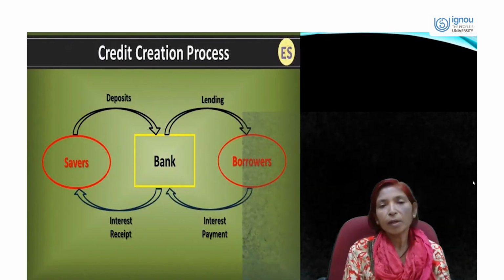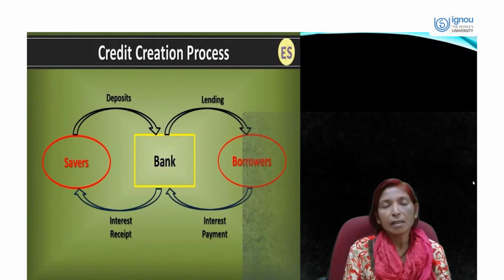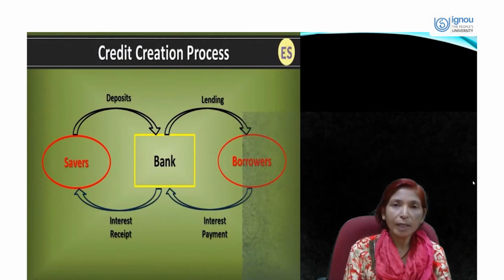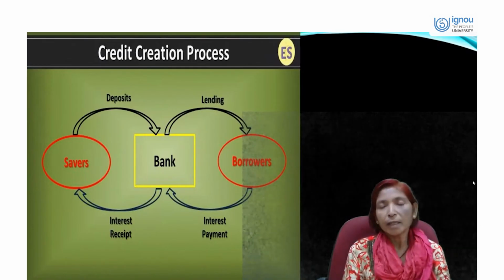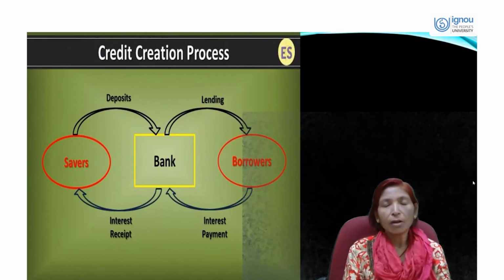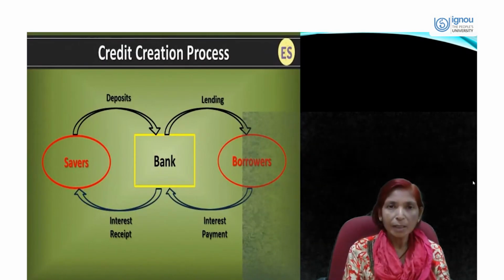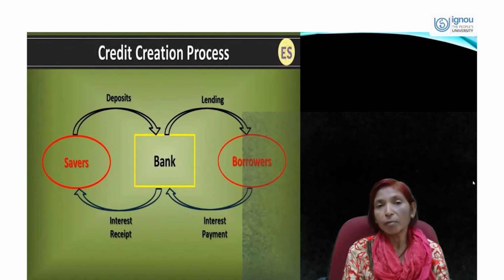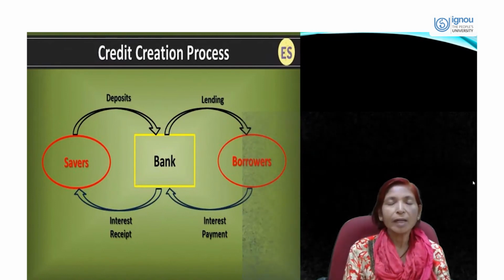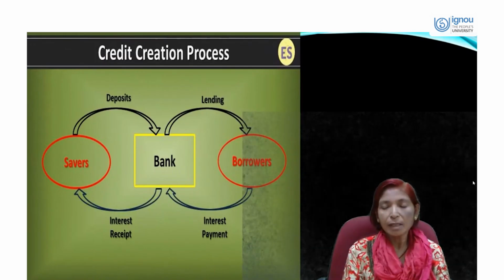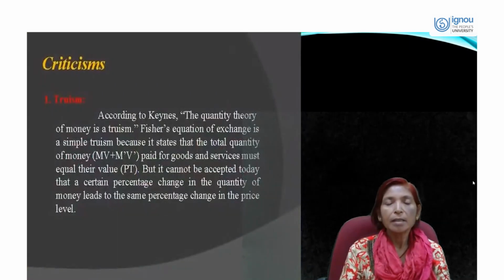But full employment is not a very simple phenomenon which we can achieve easily. Full employment cannot exist in either a developed or a developing country. Full employment is a very rare situation. Fisher assumed that full employment always exists. That's why he assumed that there is a positive or direct relationship between money supply and price level.